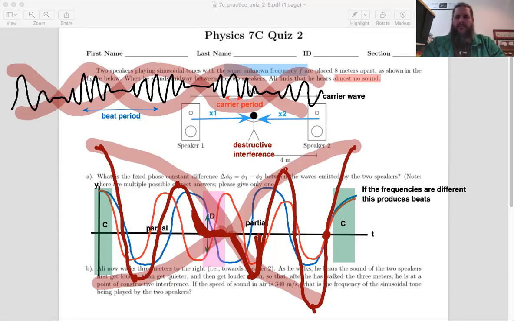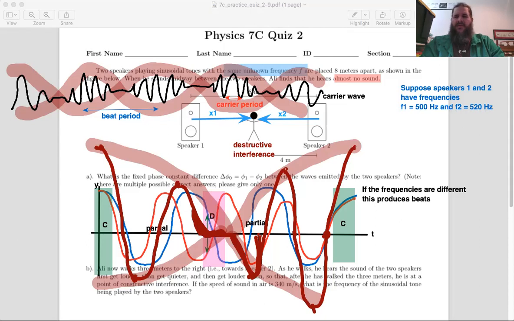And then the carrier will be F1 plus F2 over 2. In other words, the difference, and the average. The beat frequency, which is the inverse of the beat period, is how many beats you have per second. That's going to be the difference between these.